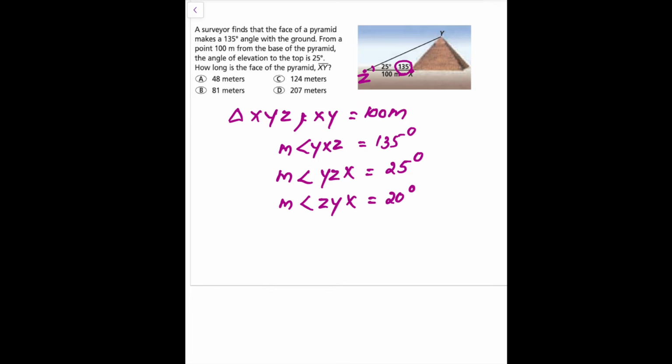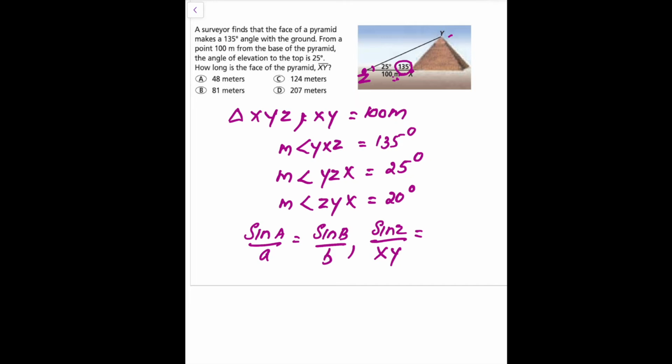So we can use law of sines, right? So sine A over a is equal to sine B over b. So we are trying to figure out XY. XY is opposite to Z. So we actually need sine Z over XY is equal to, and we know both the angles, but we know only one side, which is 100 meter.